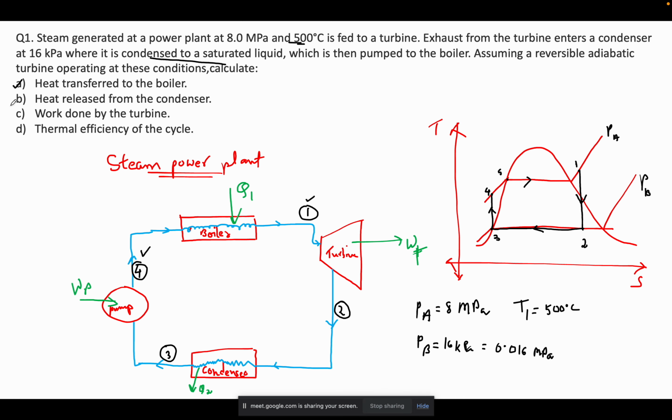The next step is heat release from the condenser. Similarly, this will be nothing but H2 minus H3.